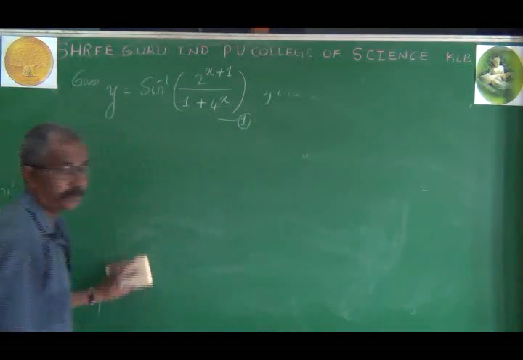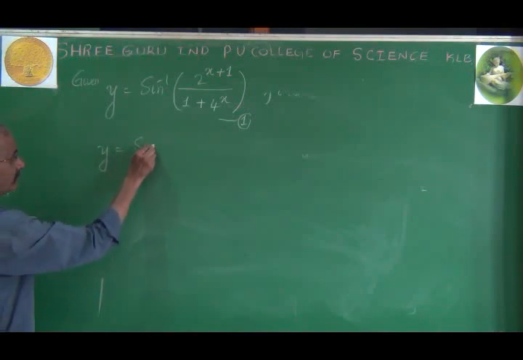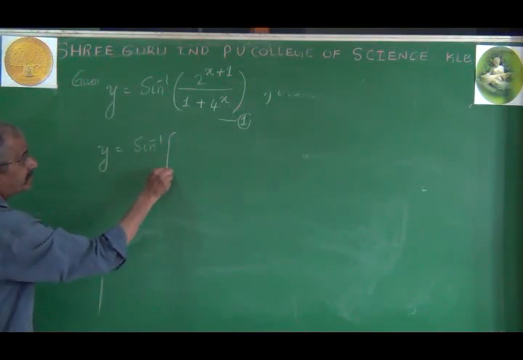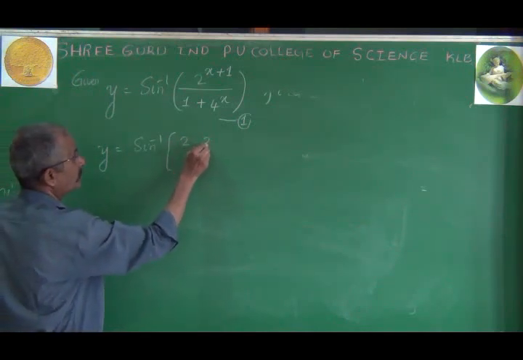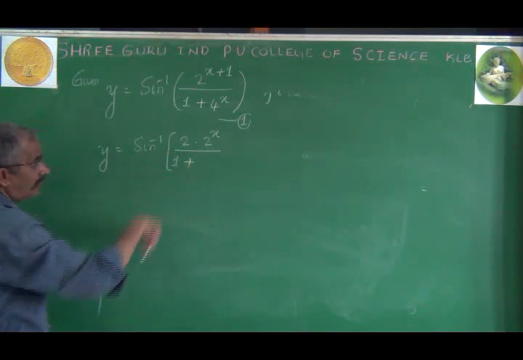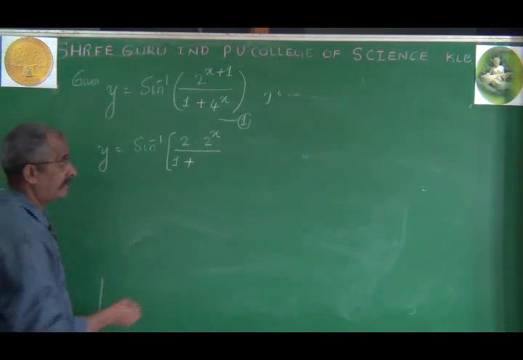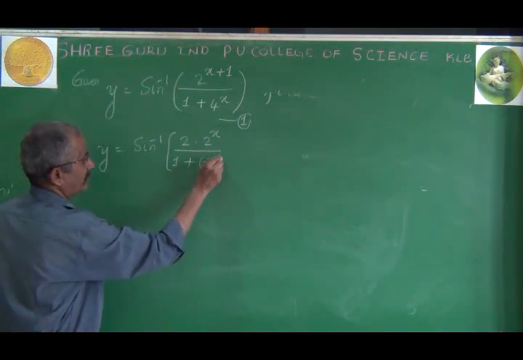Before we take the substitution, one step we shall write additionally: y equals sine inverse. By laws of indices, 2 to the power x plus 1 may be written as 2 into 2 to the power of x, divided by 1 plus 4 to the power x, which can be written as (2 power x) whole square.